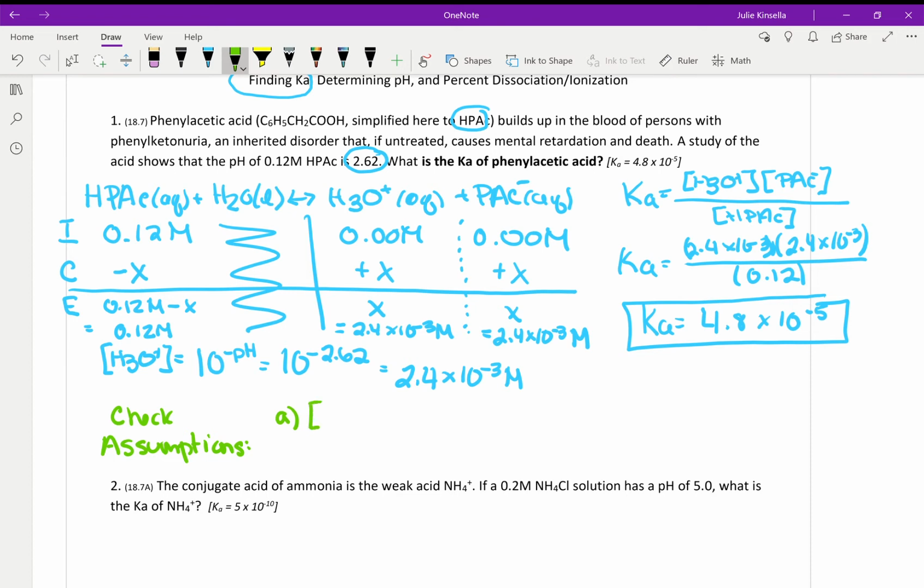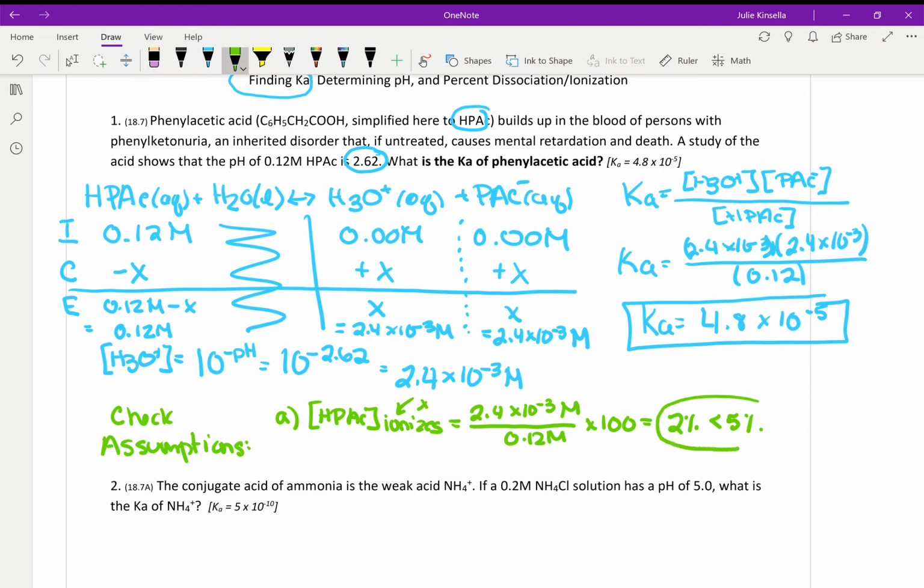The textbook likes to use this: the concentration of the original weak acid HPAC that ionizes, which is really just x, is equal to the change, x, which is 2.4 times 10 to the negative 3 M over the initial concentration, 0.12, times 100, which is equal to about 2%, which we know is less than 5%. And again, I would be expecting to see this little check where needed.